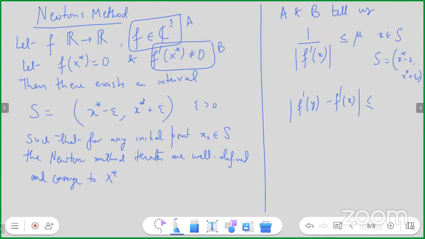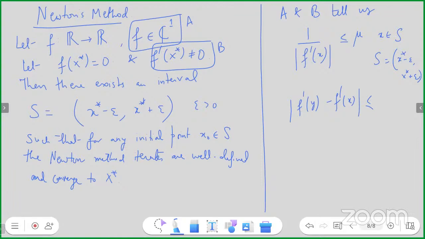Let's say x and y belonging to S. How much should this be? See, what this means is that the derivative is continuous. That's what it means.